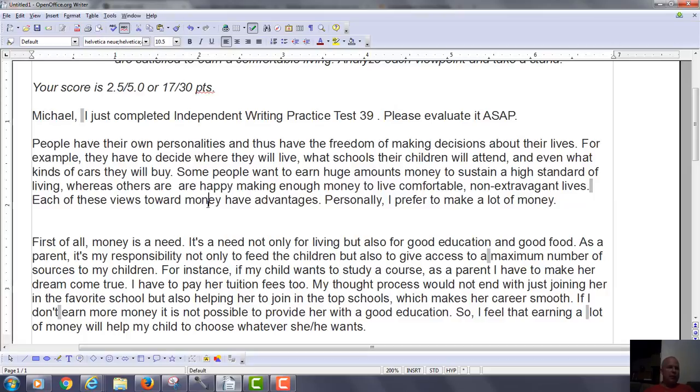It's about 87 words. People have their own personalities and thus have the freedom of making decisions about their lives. For example, they have to decide where they will live, what schools their children will attend, and even what kinds of cars they will buy.